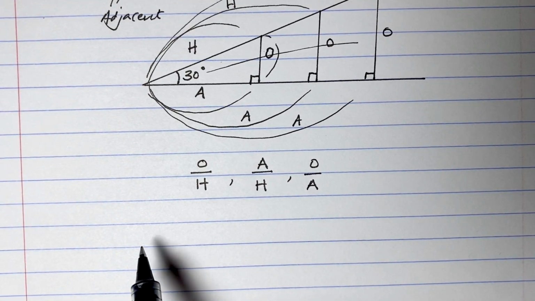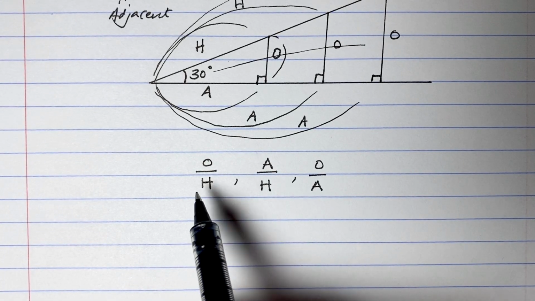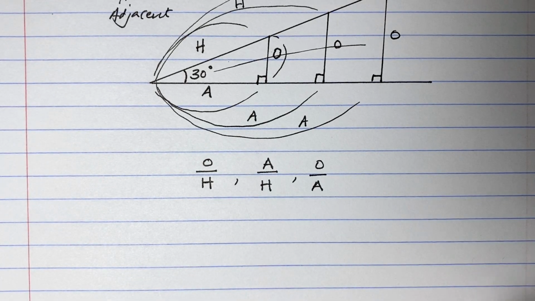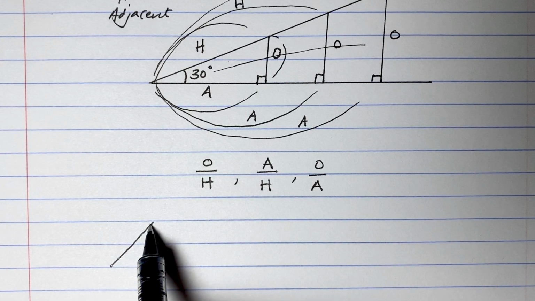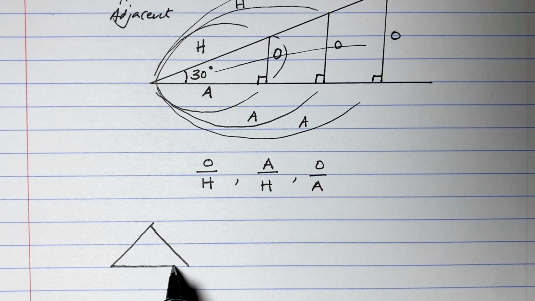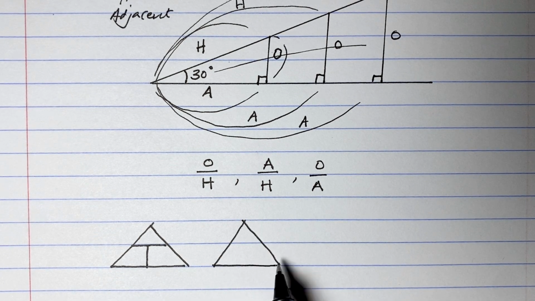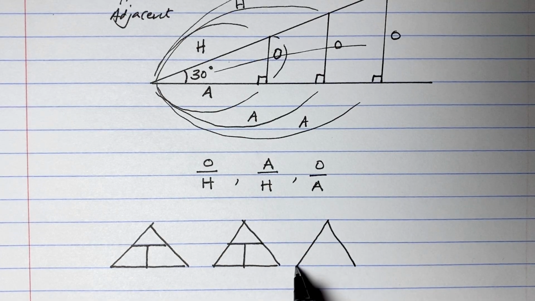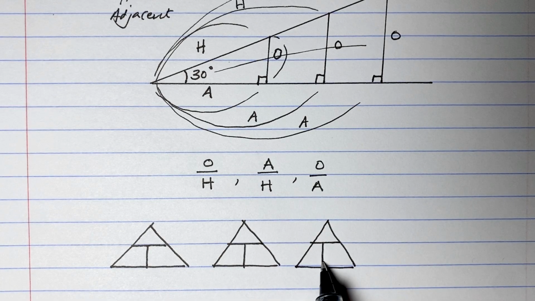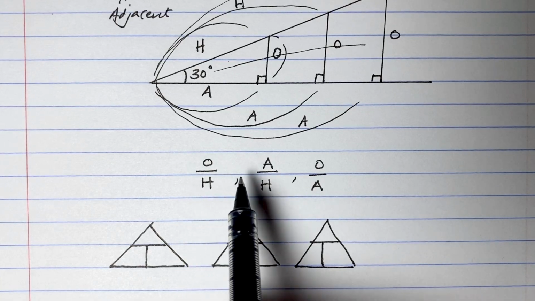Now, in order to make the understanding of this topic better and quicker, I advise you to construct three triangles with a letter T inside. And the letters that go into here are based on what I've told you.